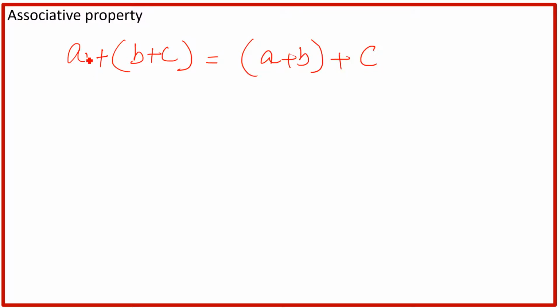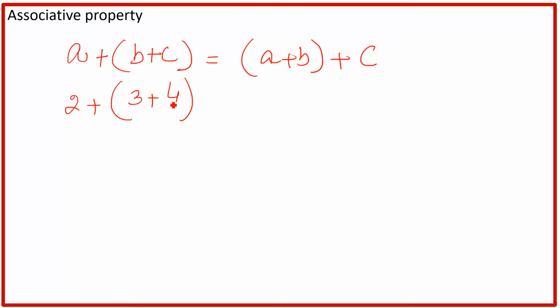Then is the associative property. If A and B and C are any whole numbers, right? We can write: A plus B plus C equal to A plus B plus C, with different grouping. Suppose A is equal to 2, B is equal to 3, C is equal to 4.